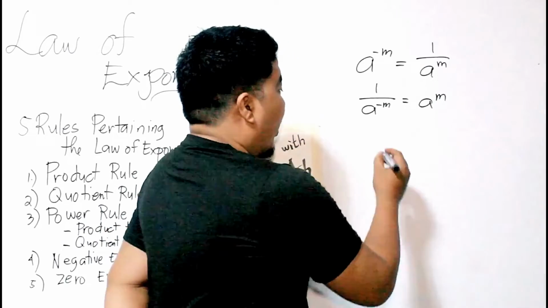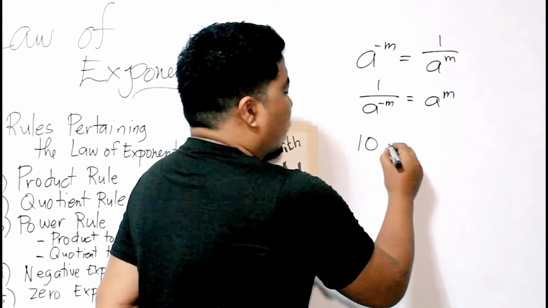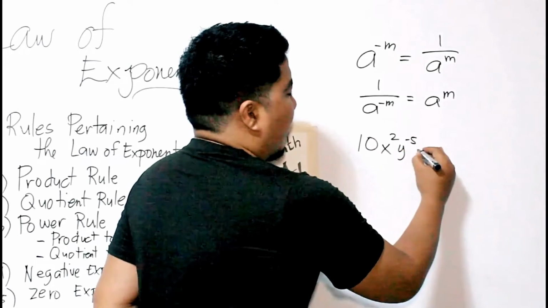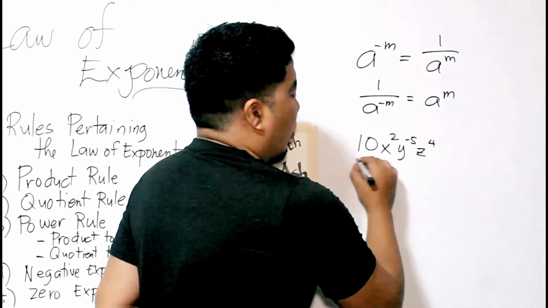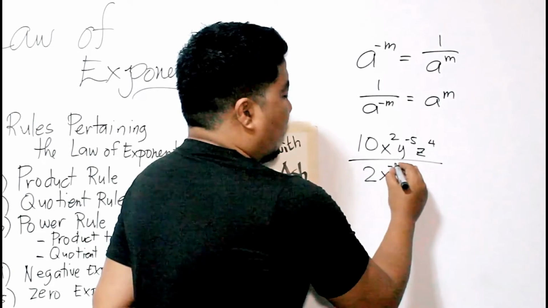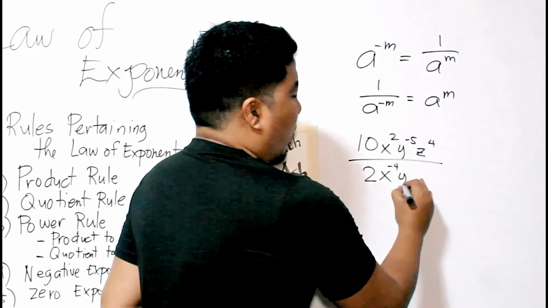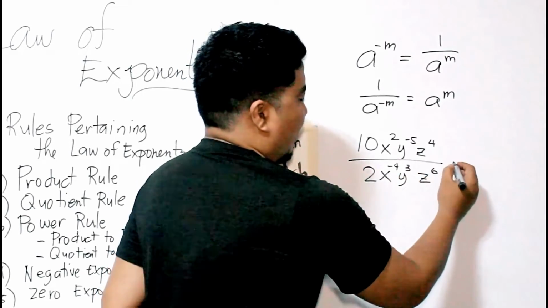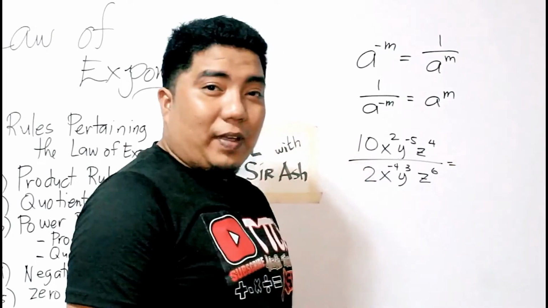So, let's say we have 10x squared y to the negative 5 z to the 4 over 2x to the negative 4 y cubed z to the 6. So, what is the final answer?